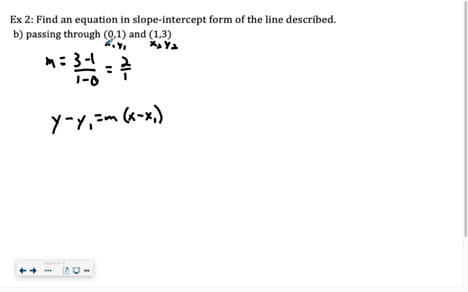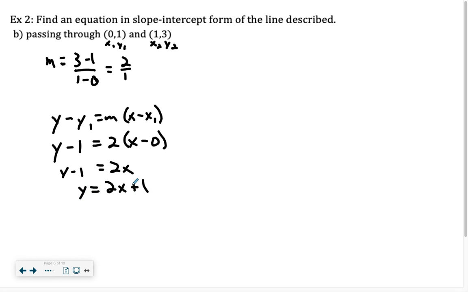Since I already have this one labeled as x1, y1, I'm going to go ahead with that one. So if I plug that in, I'm going to have y minus 1 equals my slope of 2 times x minus 0. So this will just become 2x over here. I can add my 1 over, and I get y equals 2x plus 1.